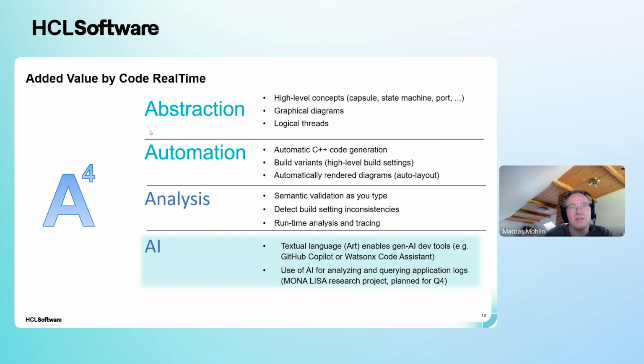I didn't show the analysis capabilities in this brief demo, but when you make modifications to your art files or your transformation configurations, we run a large number of semantic validation checks as you type. These checks can find problems and potential problems early while they are still cheap to fix. And for example, we can detect build setting inconsistencies, which could lead to runtime surprises otherwise.